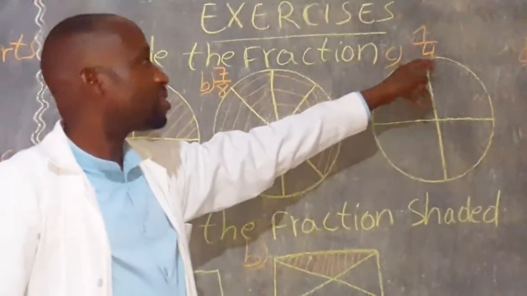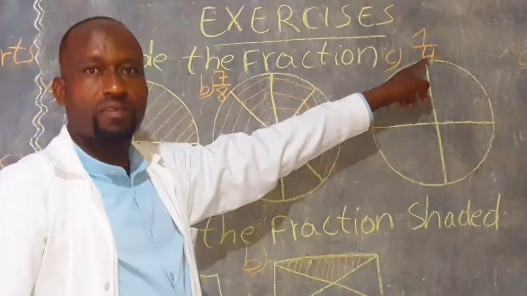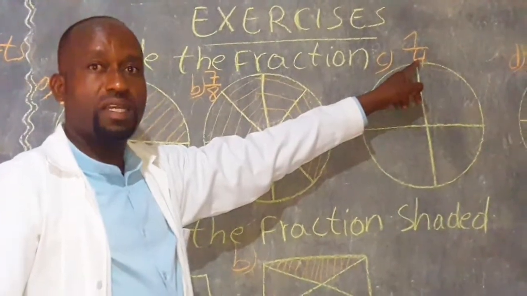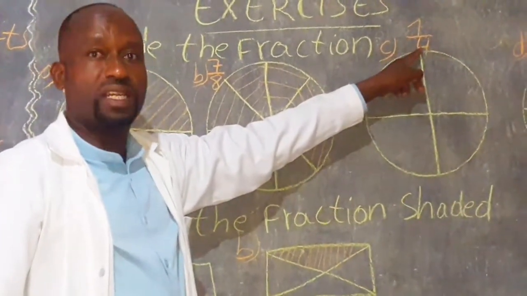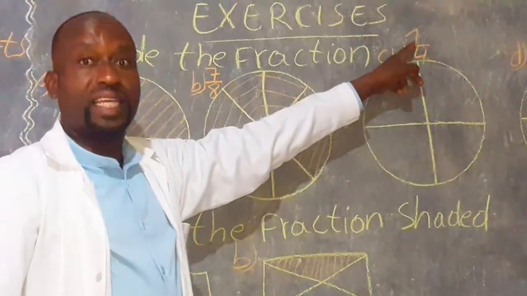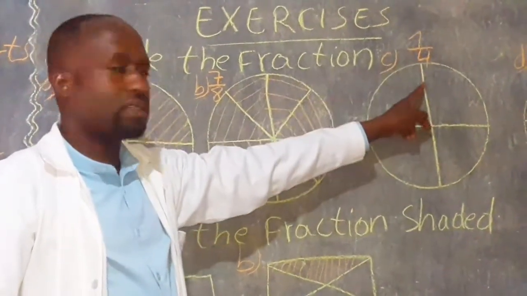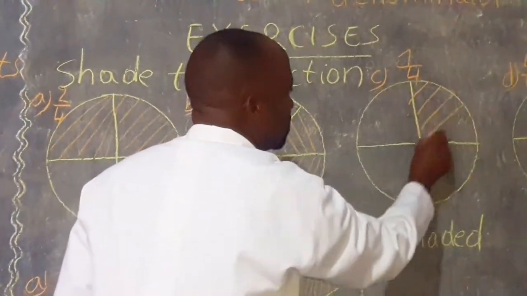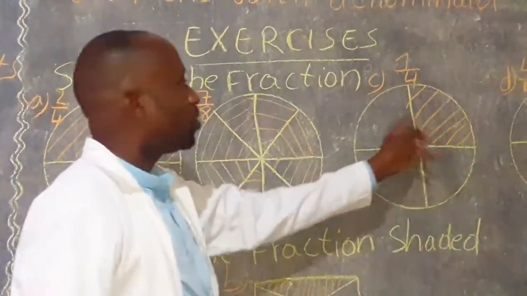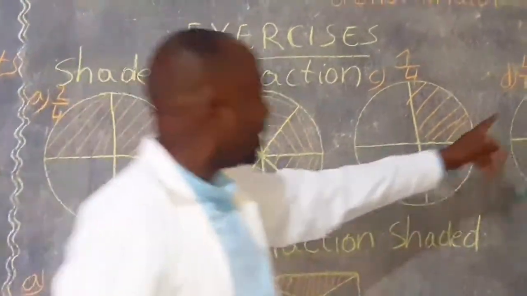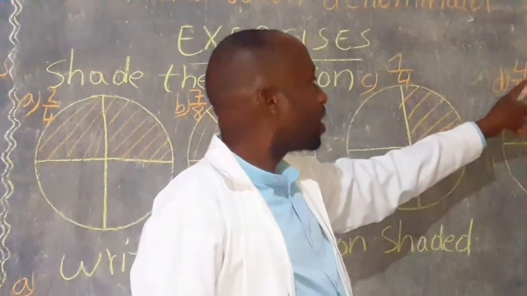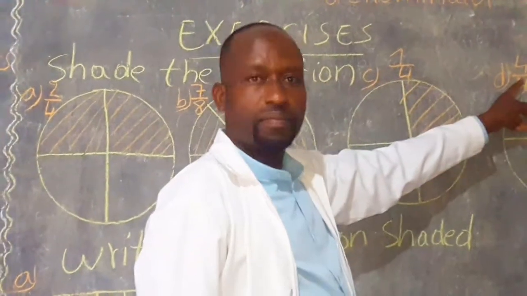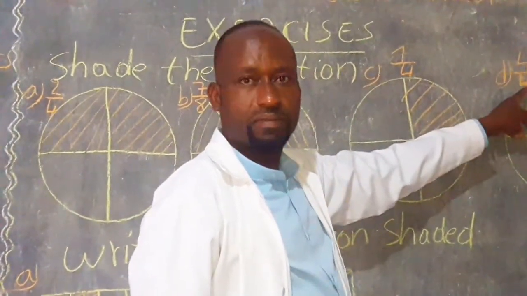Okay, here we are going to shade 1 over 4. The available parts is 4. 4 represents the available parts, and that means 4 is the denominator. And I take 1 in 4 parts. That says I'm going to shade 1. Good. And here I'm going to shade 4 parts over 4 parts.